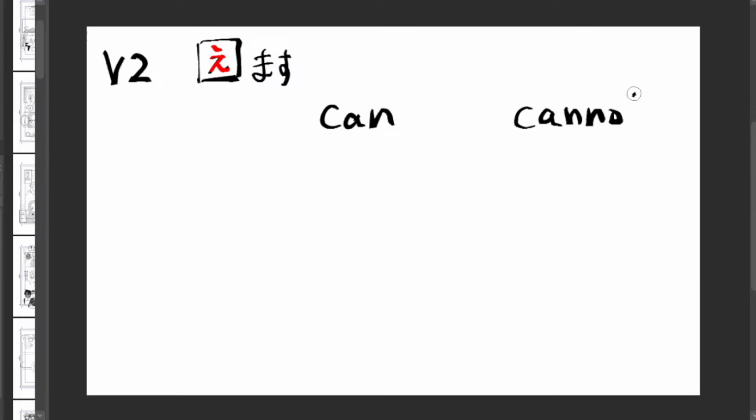For example, the verb 食べます, which means to eat. How can you change a verb from the V2 group to can and cannot?